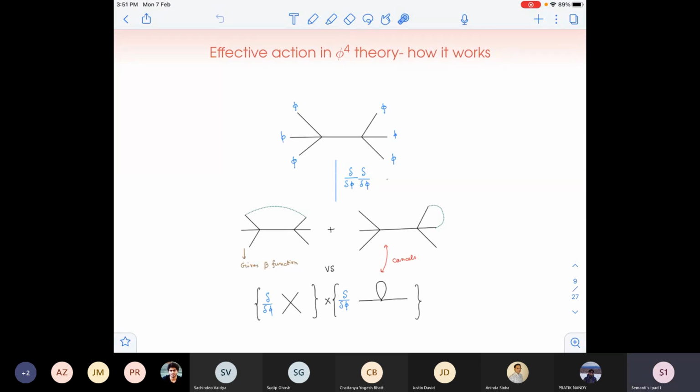So this part can get contracted in these two following ways. One is this diagram, another is this diagram. Here all the propagators are high energy propagators. That is the difference with the continuum theory. And high energy propagators are getting integrated.